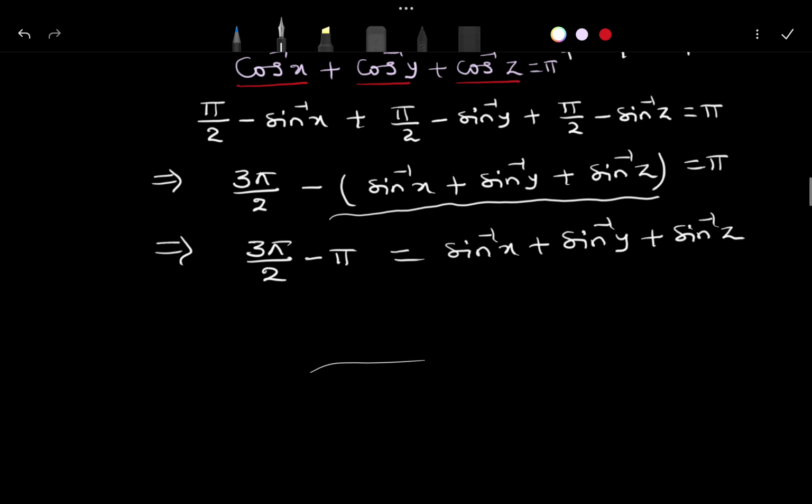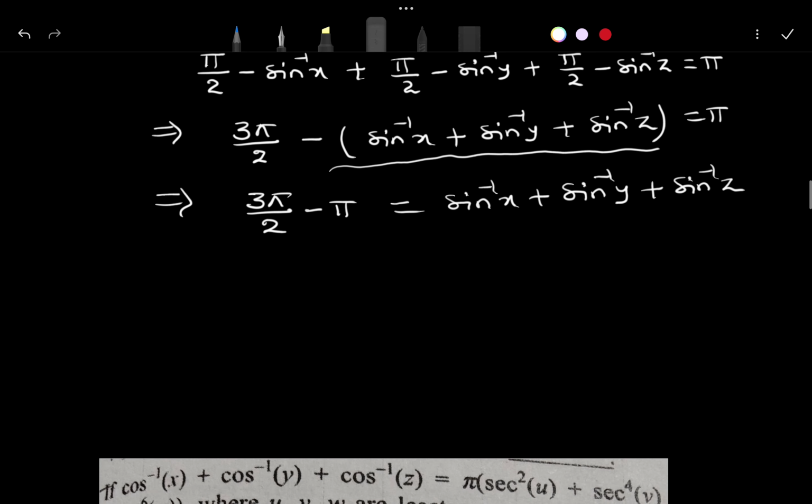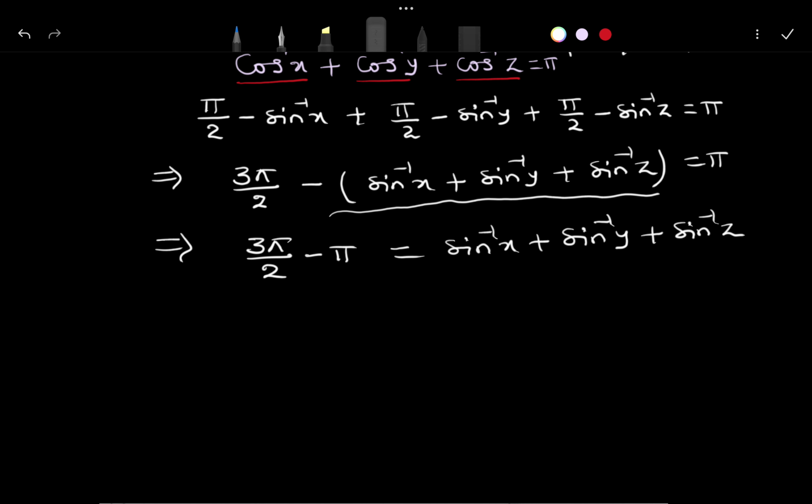This value will be 3 pi by 2 minus pi, which is pi by 2. So sine inverse of x plus sine inverse of y plus sine inverse of z is equal to pi by 2, right?